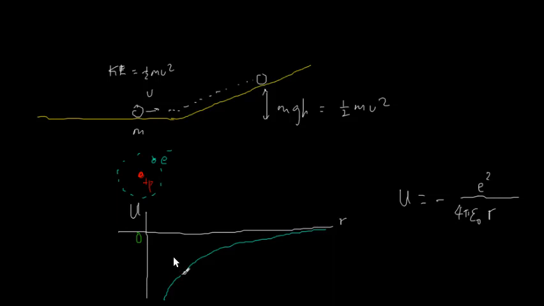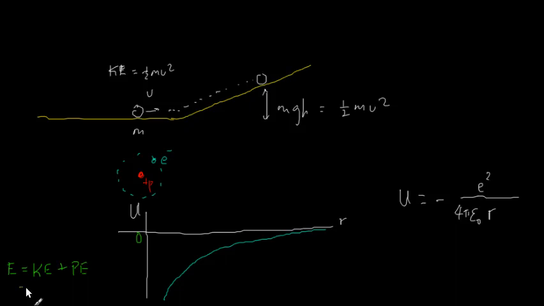Now if I have an electron here, I'm going to think in terms of the kinetic and the potential energy. So we're going to have the energy E equals KE plus PE.